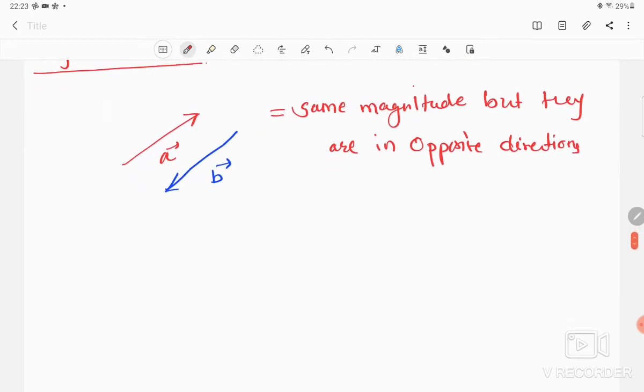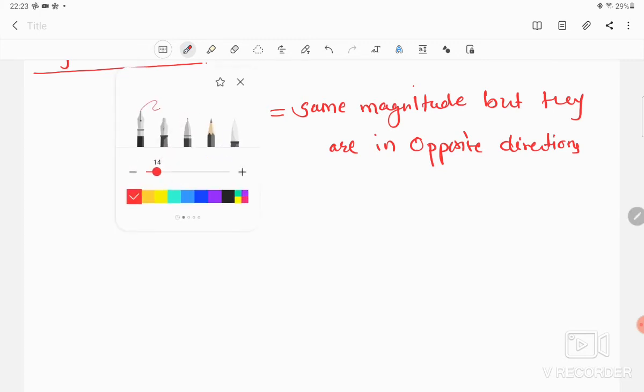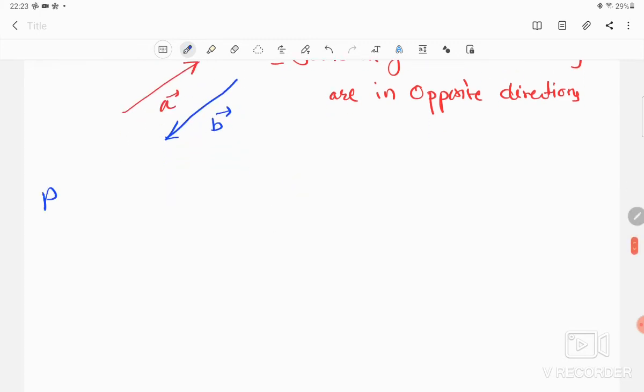The next type of vector is parallel vectors. Two or more vectors are said to be parallel if they have the same direction, but not necessarily the same magnitude.